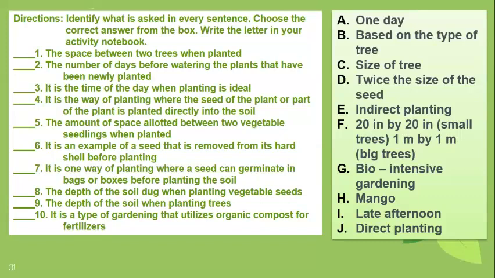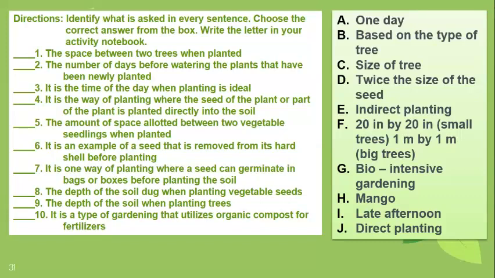8, the depth of the soil dug when planting vegetable seeds. 9, the depth of the soil when planting trees. 10, it is a type of gardening that utilizes organic compost for fertilizers. Done?